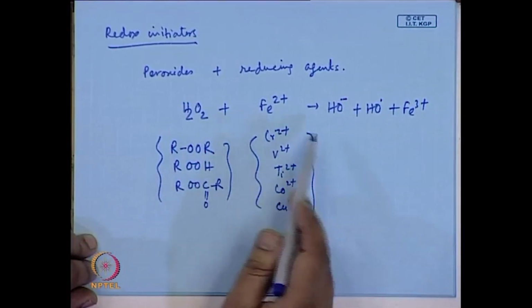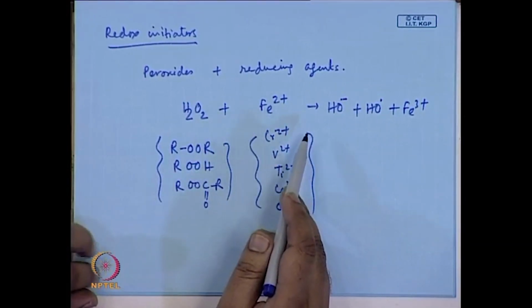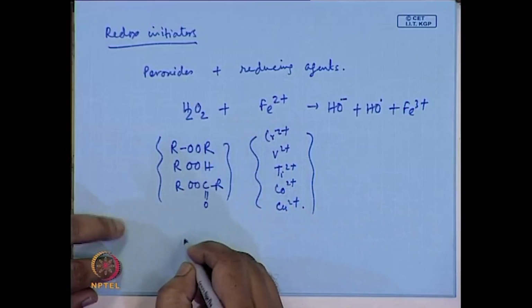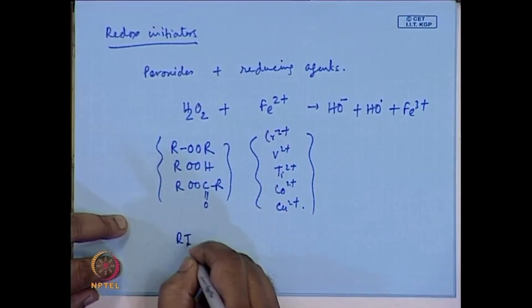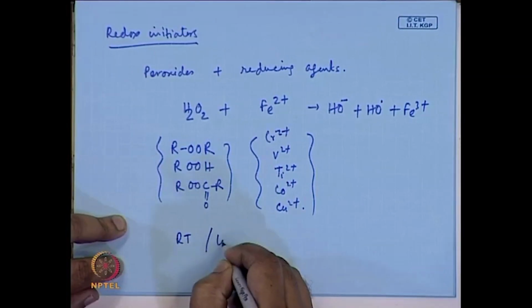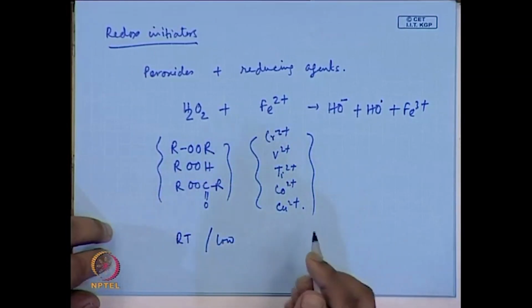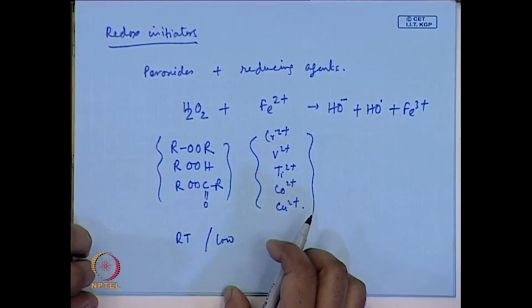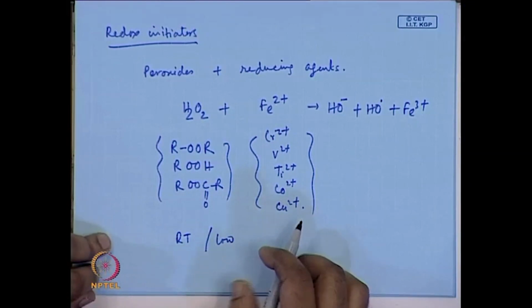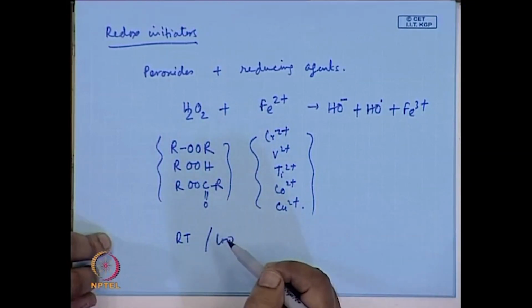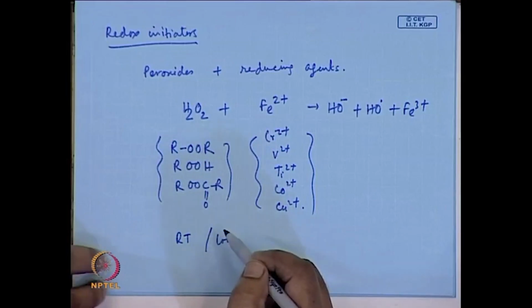The reaction is much faster and it can be done at room temperature or even at low temperature, 0 to 5 degree centigrade or so. If you want to do a reaction at low temperature for whatever reason, this is the initiator system you can apply.